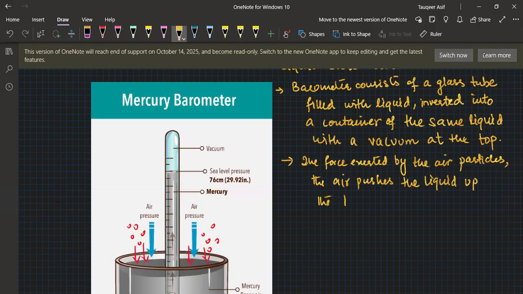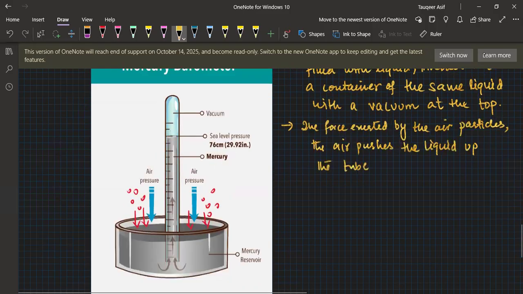If the particles are applying a force, the liquid is pushed and has space to rise inside the tube, and this is how the liquid covers some height. It depends on how much pressure is exerted by the air, so it will cover some height inside the tube.